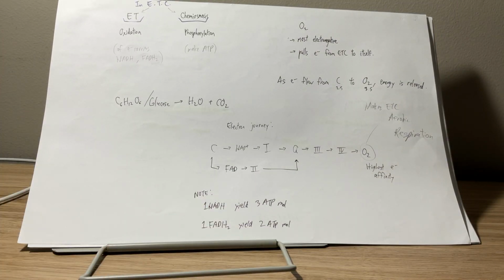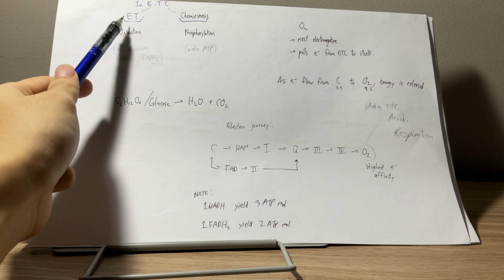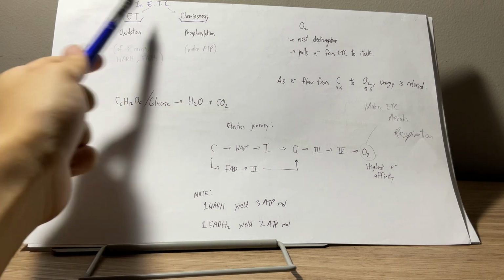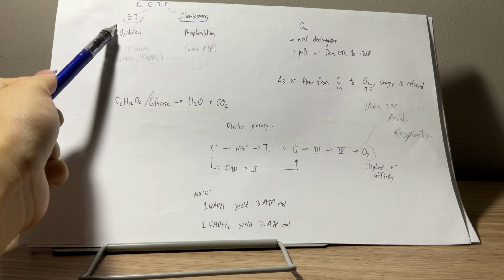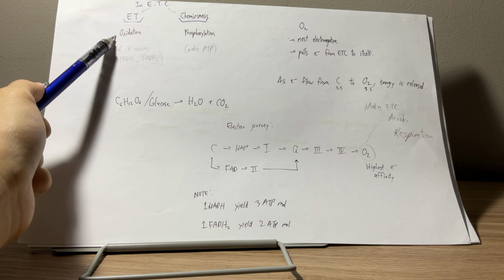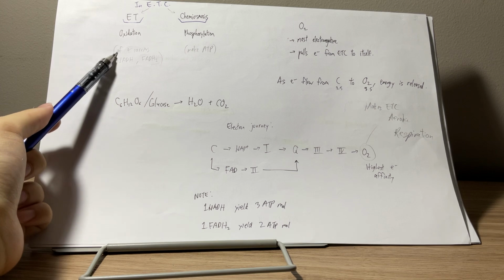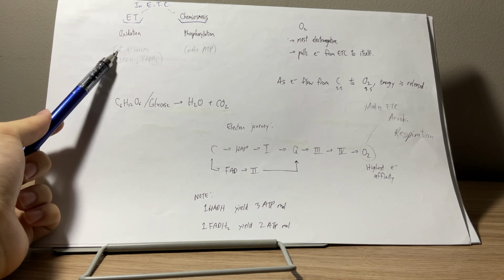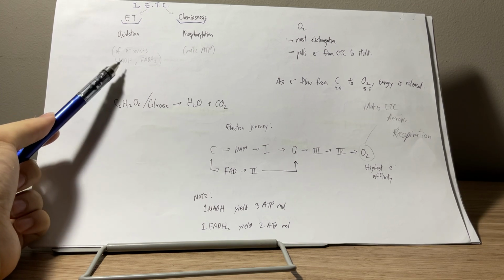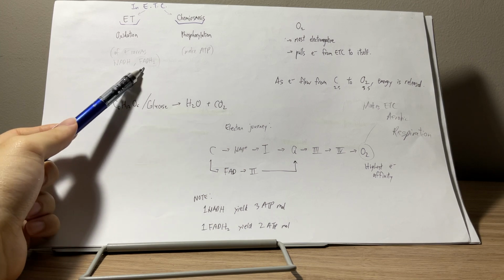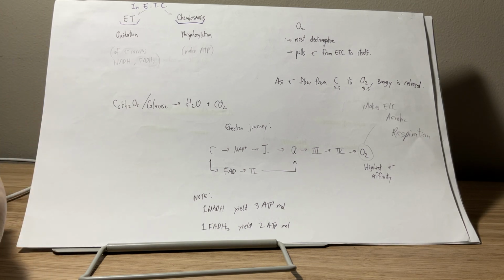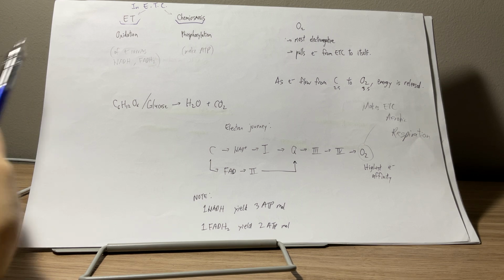Okay. In the electron transport chain, we have electron transport and chemiosmosis. Here, we have oxidation. So this is the oxidation of electrons to carry NADH and FADH2. Sounds fishy. But that's definitely correct.